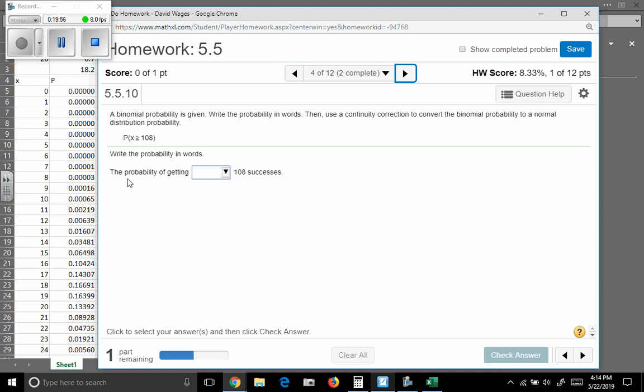So if we say greater than or equal to 108, that means at least 108 successes. It's not just exactly, it does include exactly, but it's also more. If we said more than, that does not include 108. It's just strictly what's bigger. So at least means 108 or more.